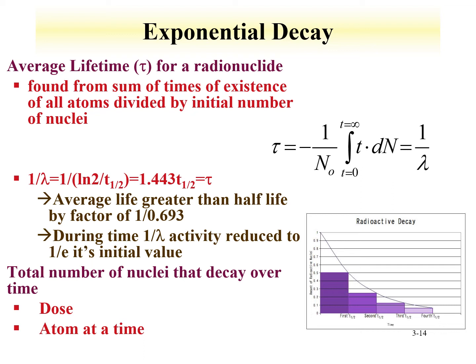Or if I'm doing atom-at-a-time chemistry, which is what I did as a graduate student, if I only have one atom in a solution, half-life doesn't really make sense. What you talk about is the average lifetime. So we would measure the average lifetime, get an ensemble of atoms together, measuring the average lifetimes, then we can get a half-life from that.